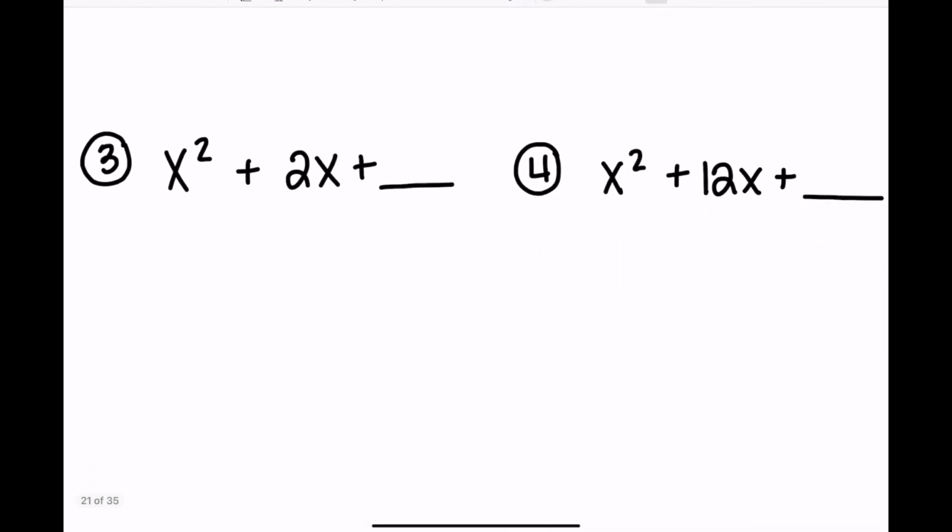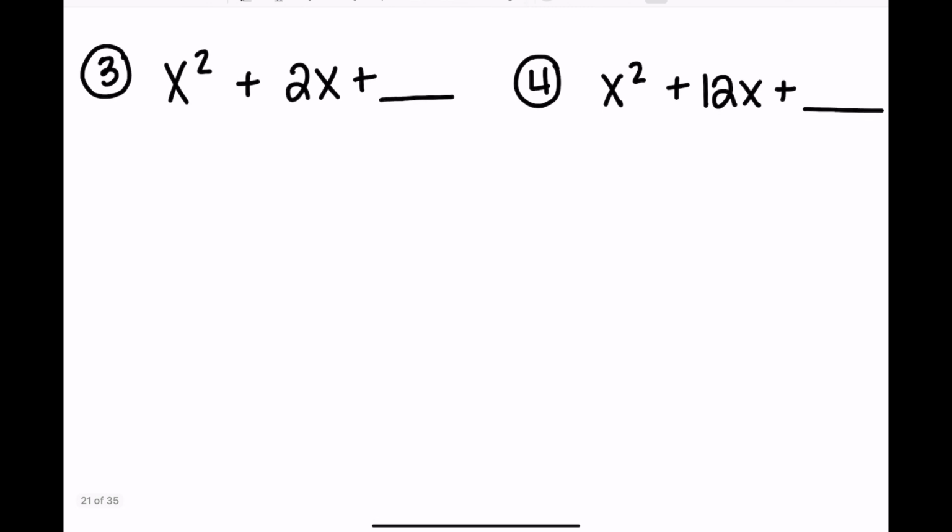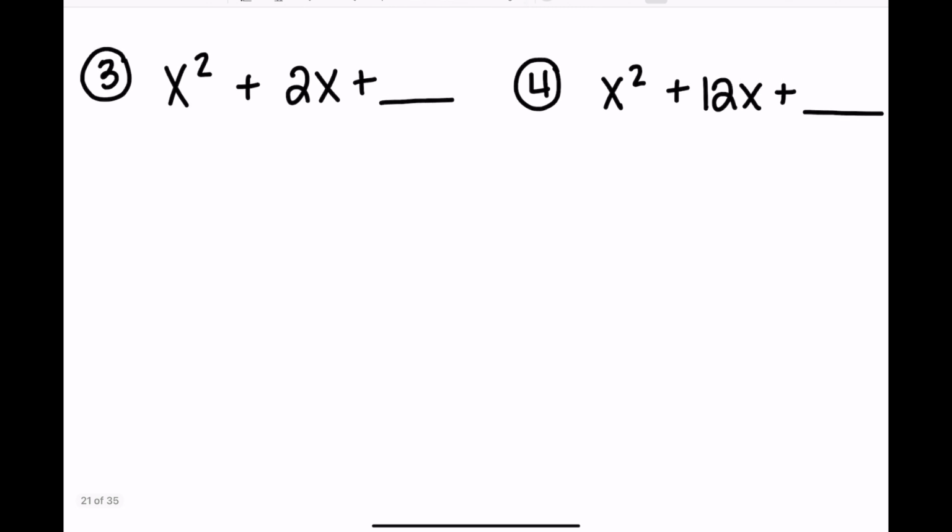Now let's see if you can figure out the missing c value. For each of these, they're already in standard form, ax squared plus bx plus c. But I want to see if you can figure out what's the missing number. So when we factor these, we're looking for what number we would get when we multiply if those two numbers add to be 2.